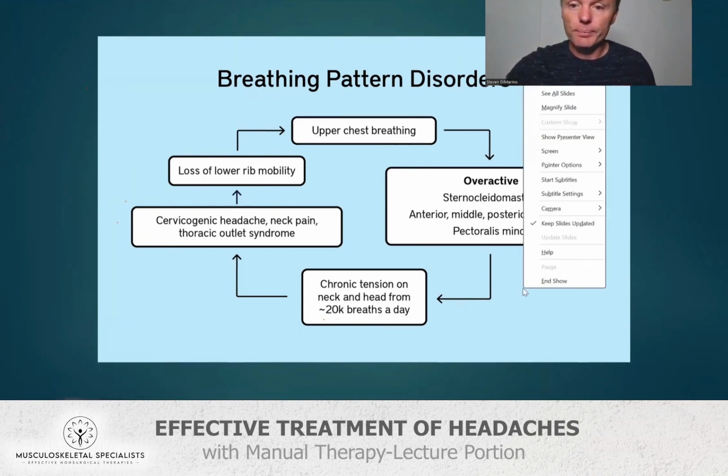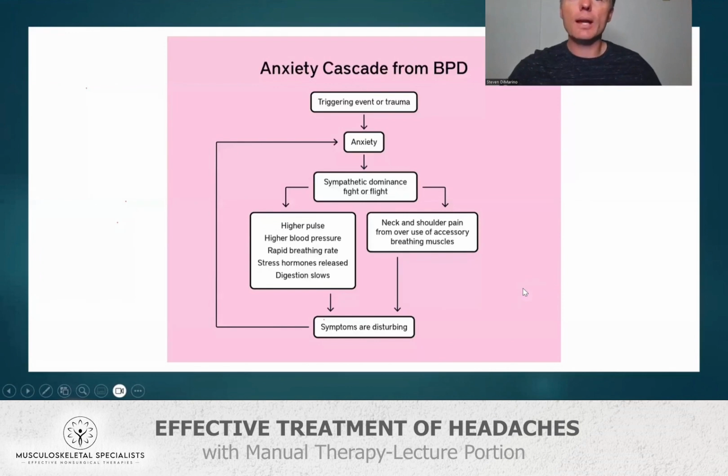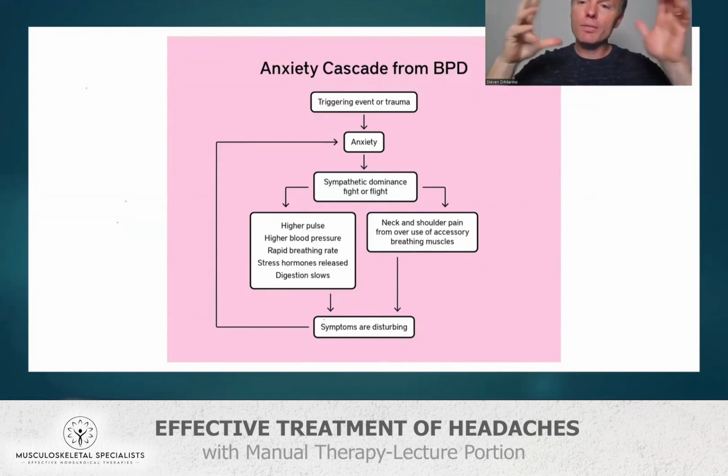So next one. Okay, this is the anxiety cascade, Pepto-Bismol chart. You have a triggering event or trauma, that gives you anxiety. Anxiety puts you in sympathetic dominance, or fight or flight. It could be temporary, okay? But you're in fight or flight.